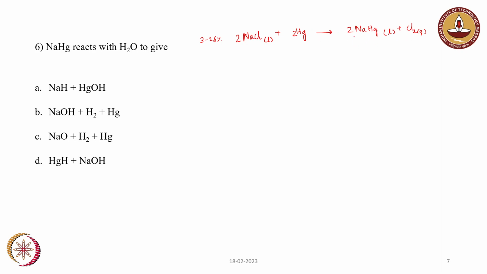So after this, we'll use this sodium amalgam, which is the given question. 2 NaHg liquid plus 2 H2O will give sodium hydroxide plus hydrogen gas plus mercury.